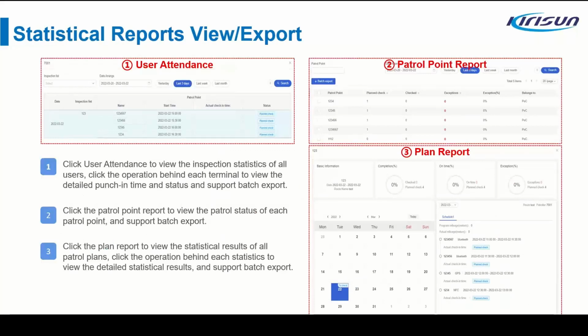The last operation on the patrol platform is to view and export the statistical reports, such as click user attendance to view the inspection statistics of all personnel, and click patrol points report to view the patrol status of each patrol point, and click the flight report to view the statistical results of all patrol plans.